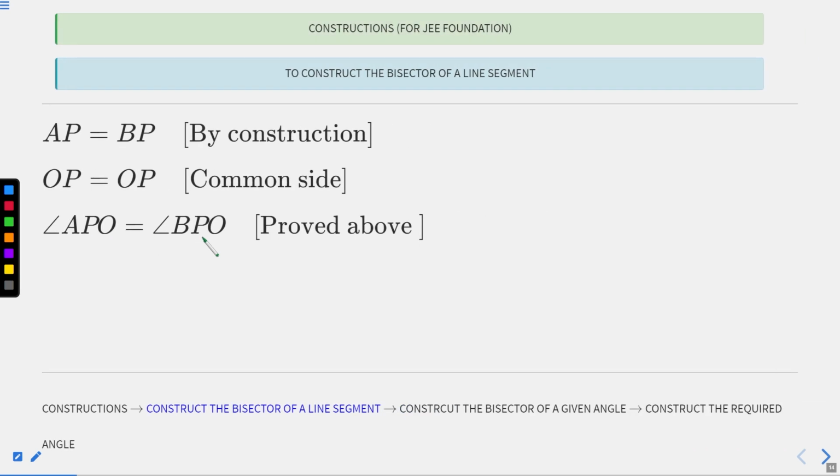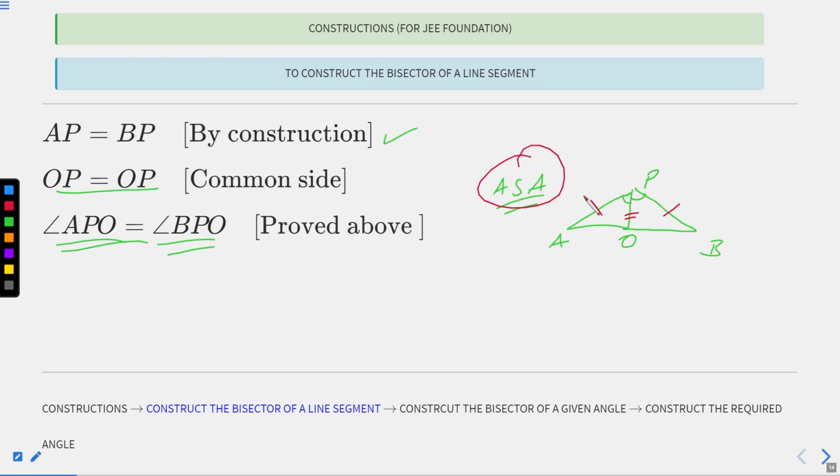Let's move. So we already saw by construction AP and BP are equal, and OP is already a common side, and angles APO and BPO are already proved equal. So using the side angle side rule we can say, so this is our diagram here: O, A, B, P. This length is equal to this length, this is common, and this angle is equal to this angle.